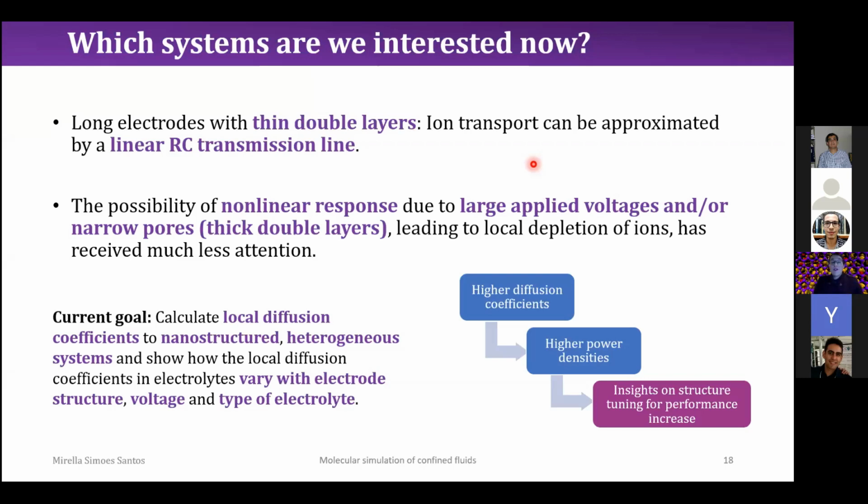And why are local diffusion coefficients relevant for us? This property per se is very interesting because higher diffusion coefficients are related to higher power densities, and this can give us the kind of information that we need to get insights on proposed structures and changes on possible structures, or combinations of electrolytes with structures, that will increase the performance of those supercapacitors.